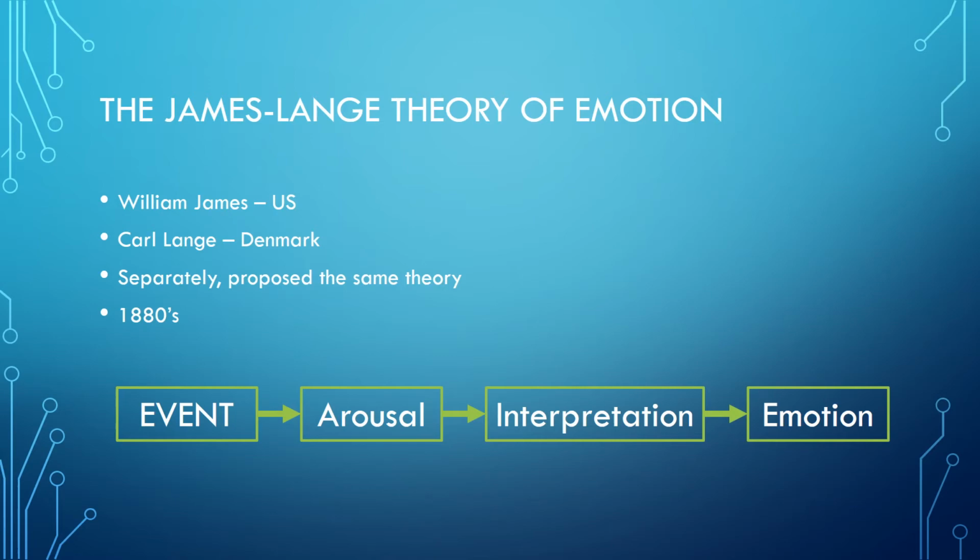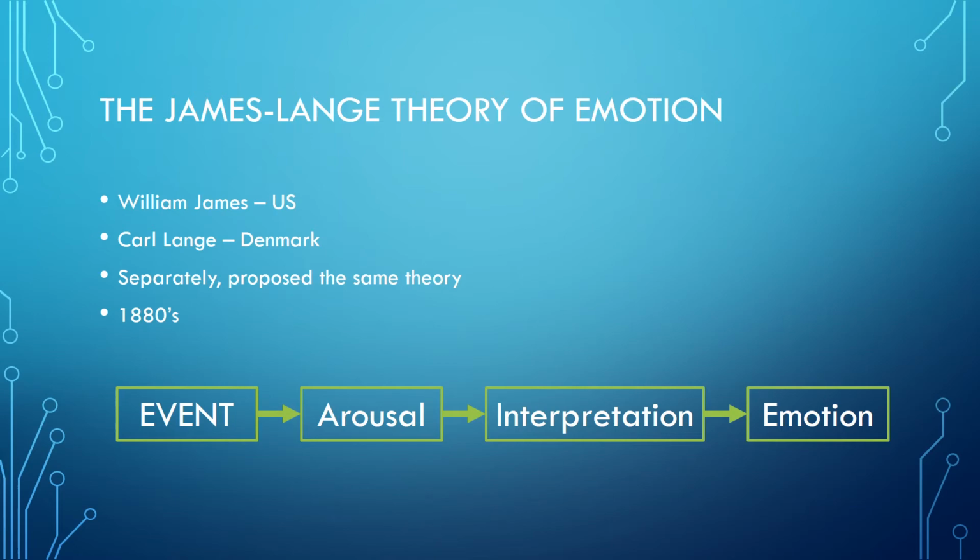One theory was devised by two researchers working very separately, the one in America and the other in Denmark. But the theories that they came up with were so similar that they've been brought together and known as the James-Lange theory. The one researcher being William James, the other one being Carl Lange.